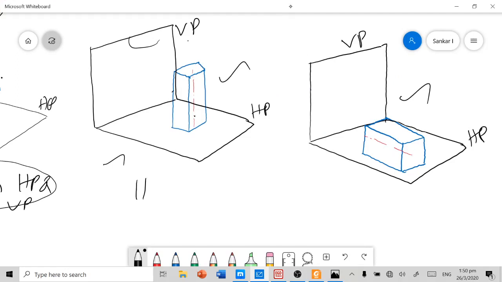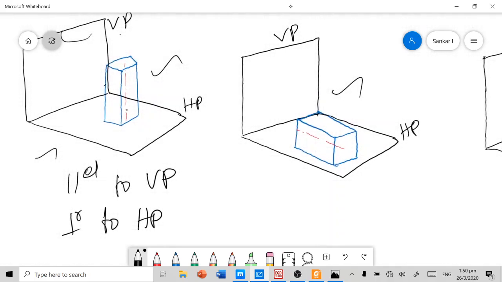And the same has one more variant, the solid axis parallel to HP and perpendicular to VP. These two cases come under the same category, solid axis parallel to one plane and perpendicular to another plane. This may be parallel to VP and perpendicular to HP, or parallel to HP and perpendicular to VP.